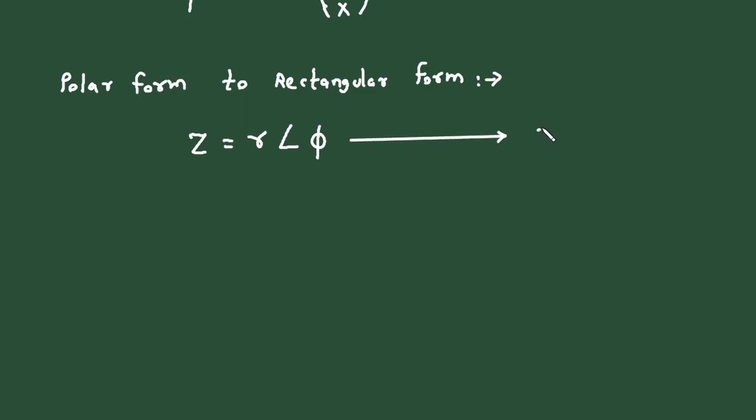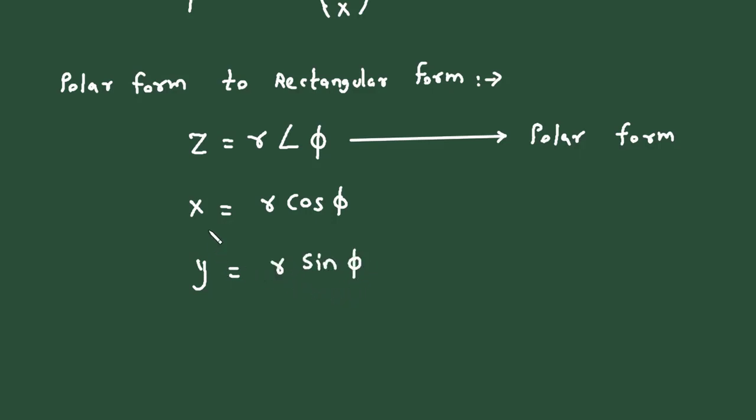First we will write here, this is the polar form. Now x is equal to r cos phi and y is equal to r sin phi. So this is how we will get the value of x and y. So from this z is equal to r cos phi plus j r sin phi.